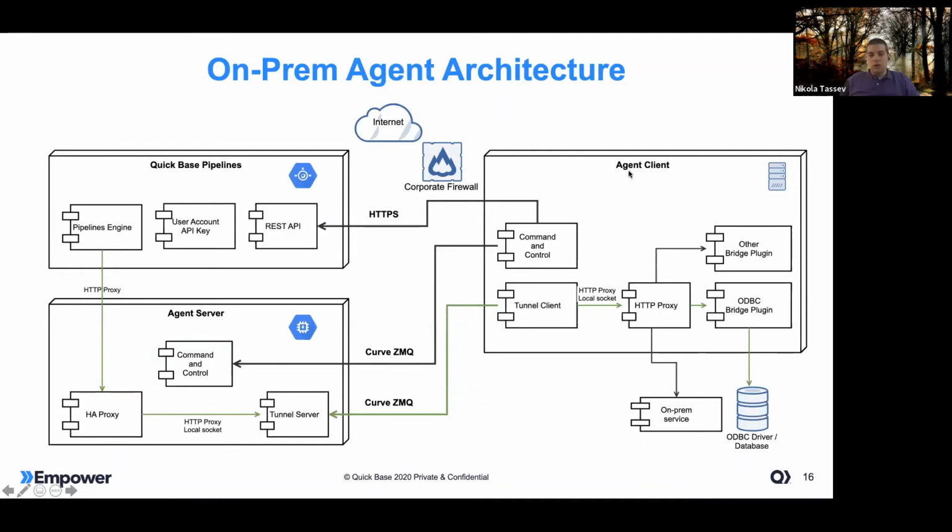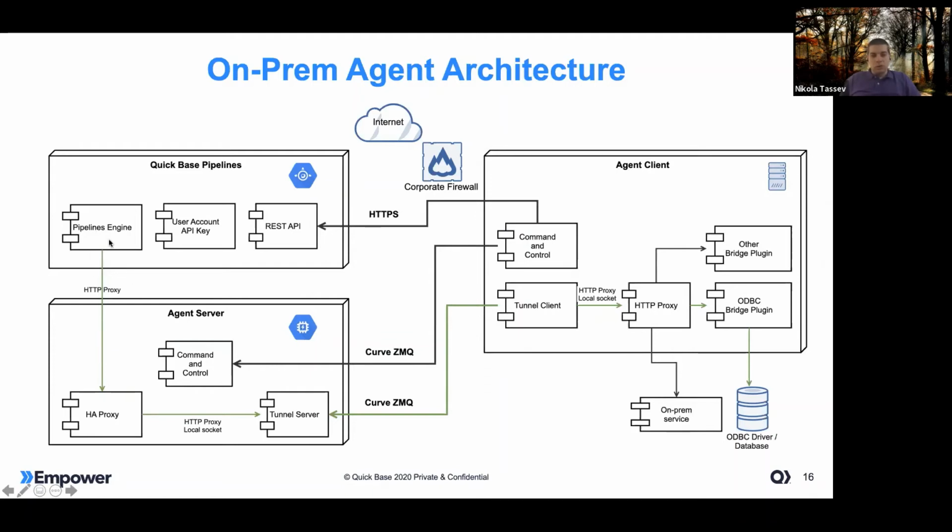The agent client uses two protocols to communicate with our servers. One is the standard HTTPS, which is used to acquire initial configuration and setup. And the tunneling of data uses the Curve ZMQ protocol, which is part of the popular 0MQ networking library, which we based our communication layer on. The other part of the technology consists of what we call a chain of HTTP proxies.